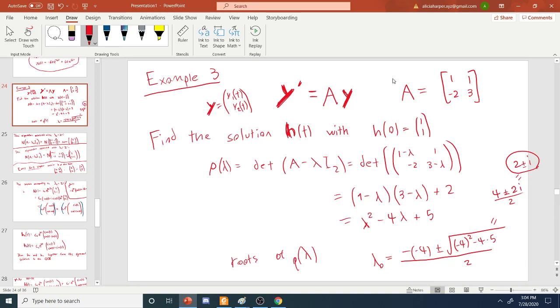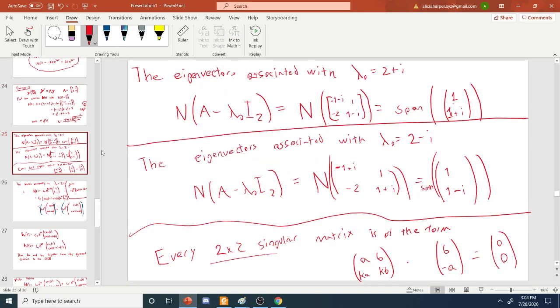So this is called an initial condition. Well, we go about trying to find the eigenvectors of A, and we find that the eigenvalues are imaginary, and the eigenvectors themselves also have imaginary components. And we're like, okay, we can tolerate that. We're just going to try to go through the rest of the problem and solve it.